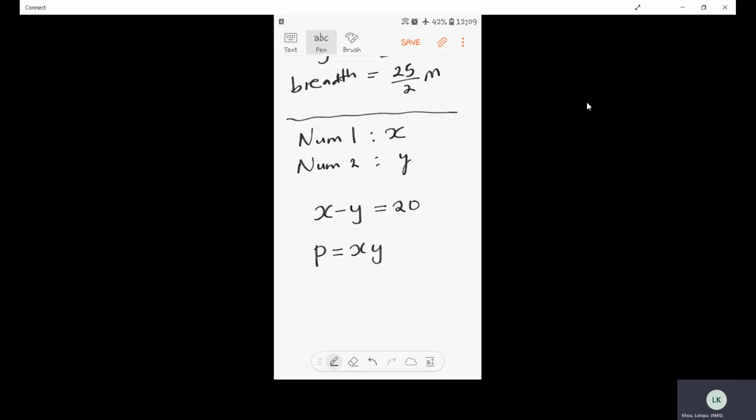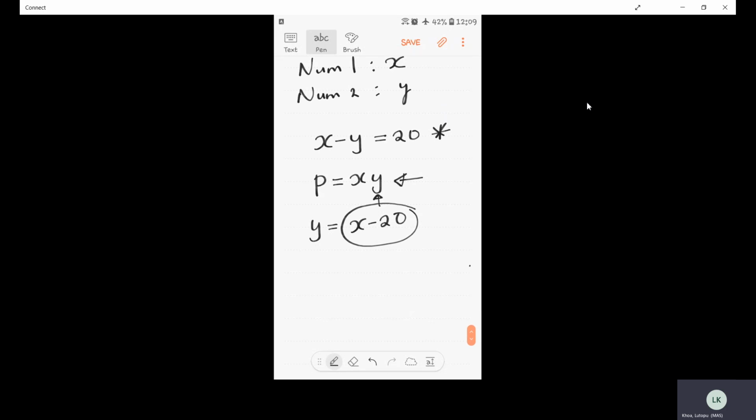So as usual, from this equation over here, we will make x or y the subject of the formula and then substitute it into the other equation. So doing that, I have y is equal to x minus 20. And this x minus 20 is what I will substitute over there. So I will have the product P is equal to x, and then y is x minus 20.